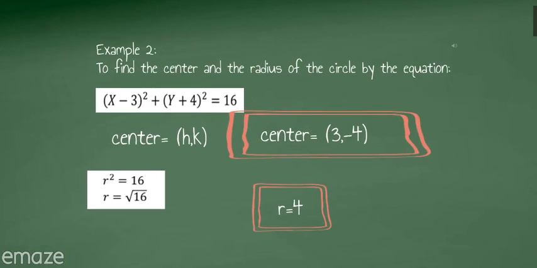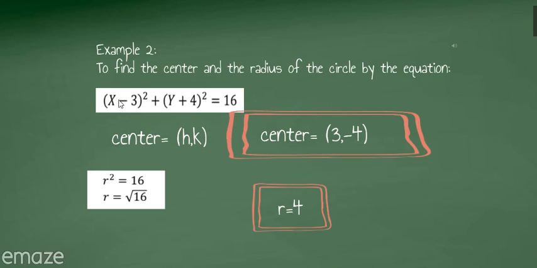The second example says to find the center and the radius of the circle from the equation. This is very easy to do. This is the equation: (x - 3)^2 + (y + 4)^2 = 16. Remember, the center is h and k. 3 is h and 4 is k.